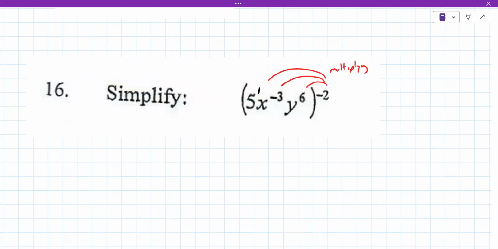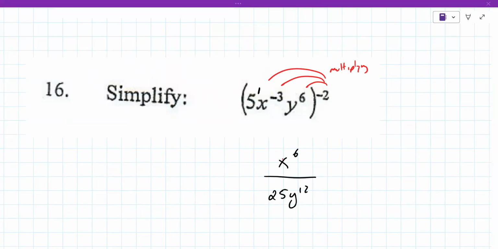Would it be 6x over 25, y to the 12? It's x to the 6th, like you just said, over 25 y to the 12th. Very good. All right.